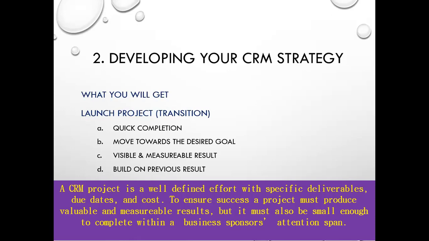So we have to consider the previous results we have discussed previously. So these are the four components of transition phase: quick completion, move toward the desired goal, visible and measurable results, and of course build on the previous results.